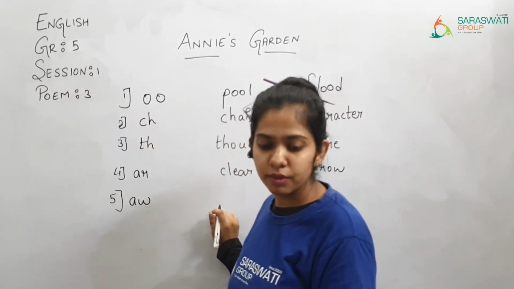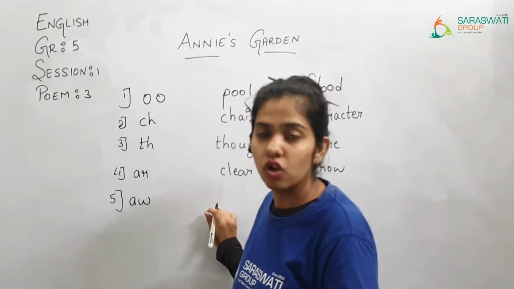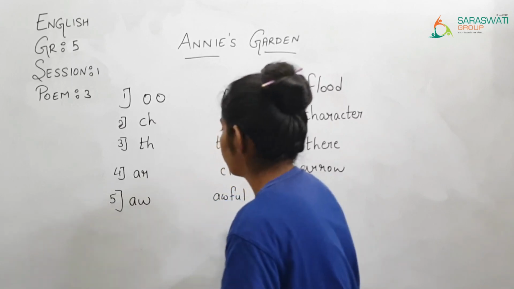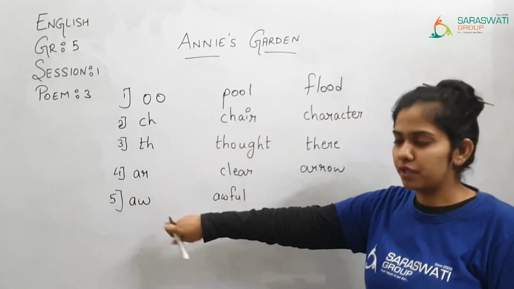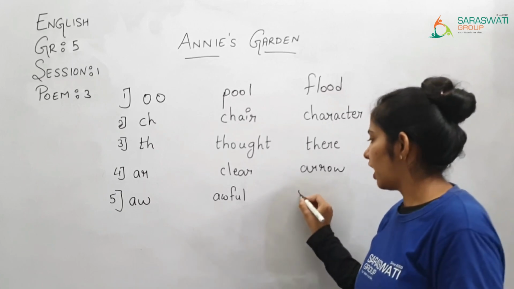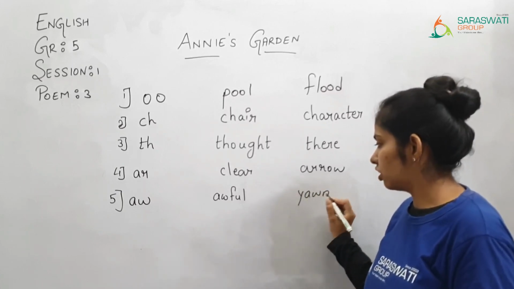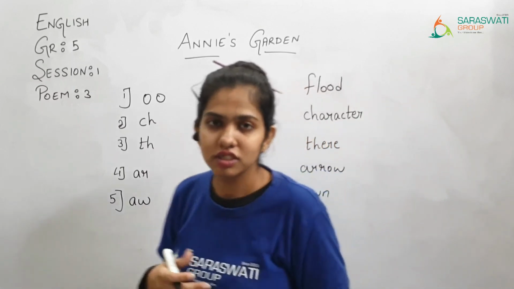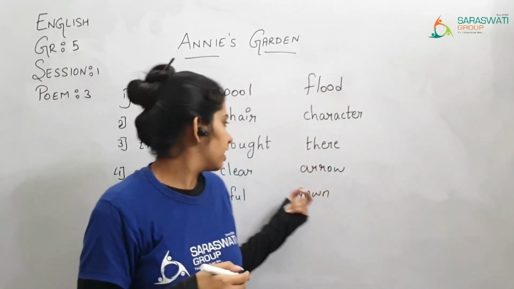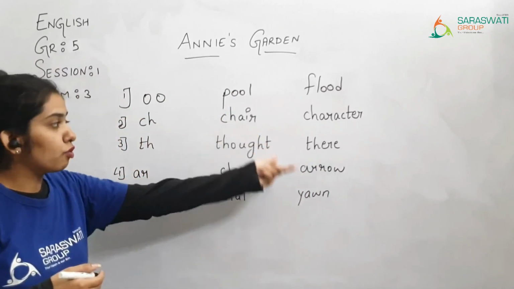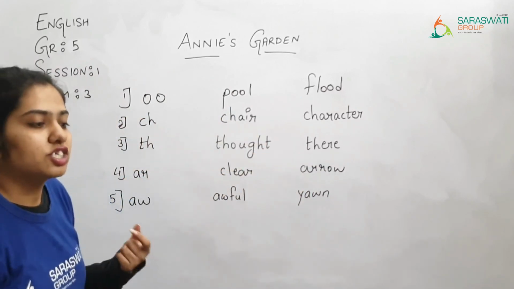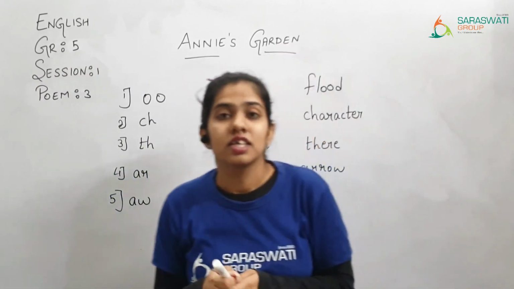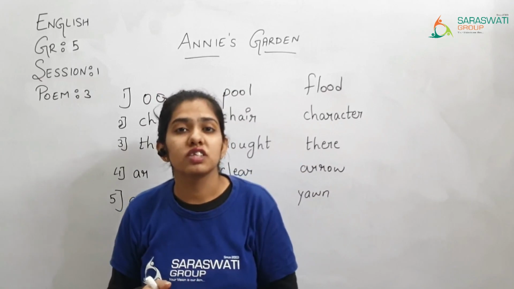Now with AW, which we are going to write? That is awful, where the pronunciation is O, and over here we are going to write yawn. So here again the pronunciation changes, it becomes yawn, right? So you can see the letter is same in both these words, though the pronunciation, that means the sound, is different, right? So in this way you are supposed to solve the exercise.